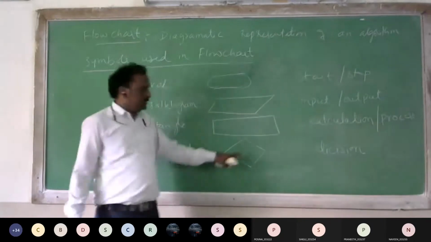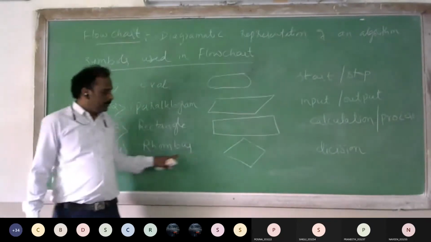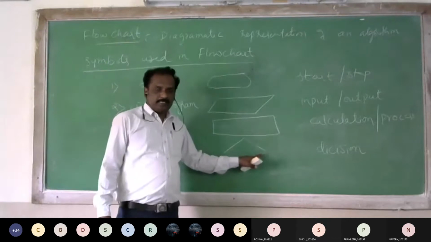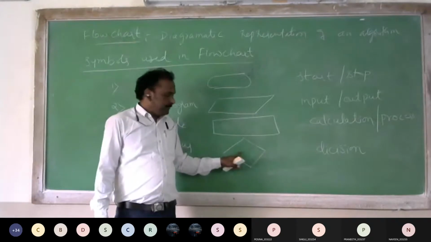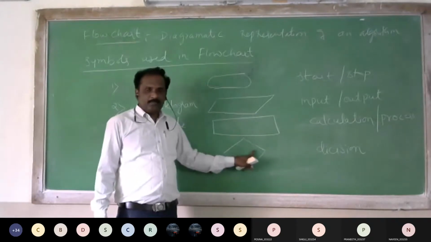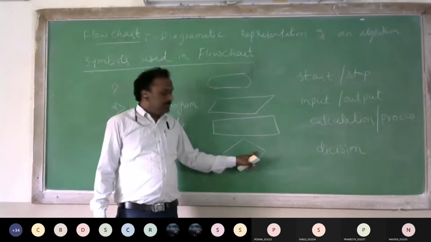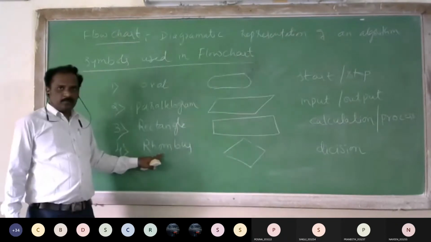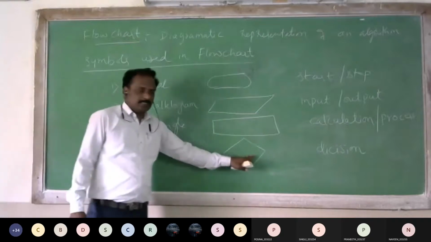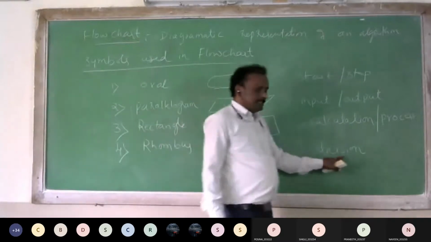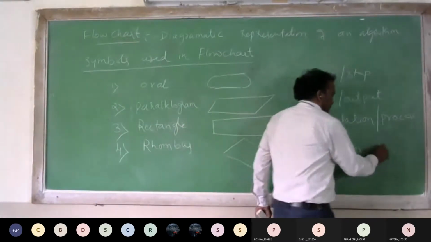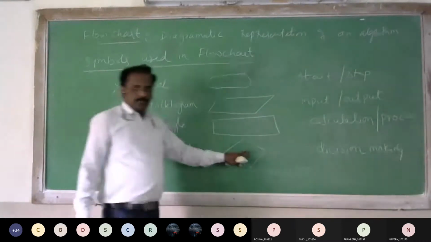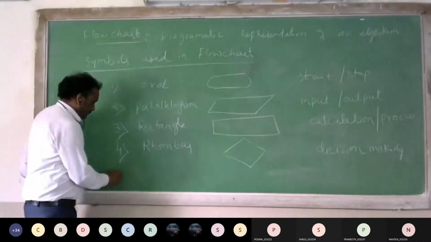Like in the biggest of two numbers, yesterday we saw that we are making a decision whether A is greater than B or B is greater than A. For such a decision, we use the rhombus symbol. So this is called the decision making symbol.